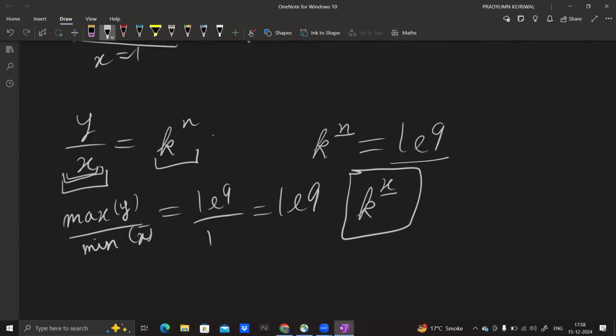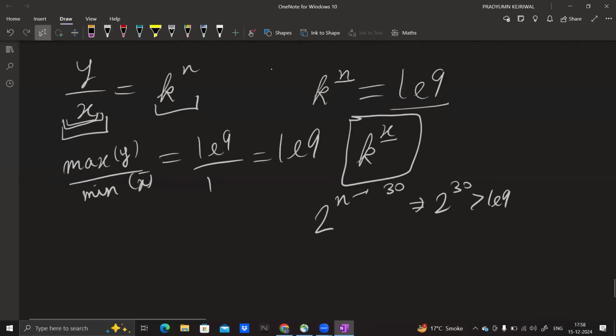For example, if K is 2, then 2 to the power N, as we grow N, suppose N is 30, then 2 to the power 30 already crosses 10^9. So there are not many values for N that we need to check, right? N can only go up to log 10^9.